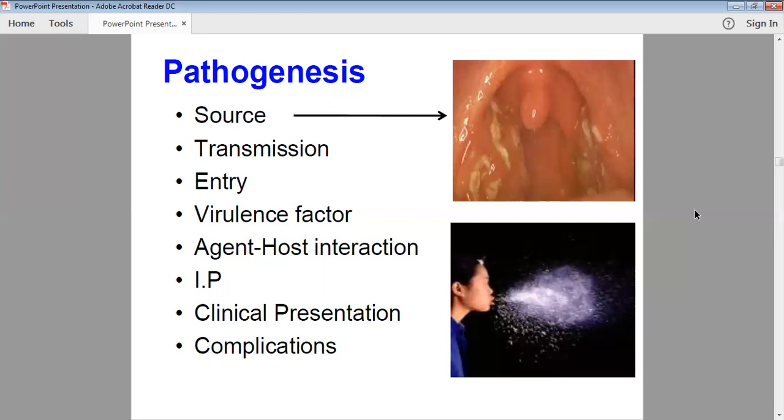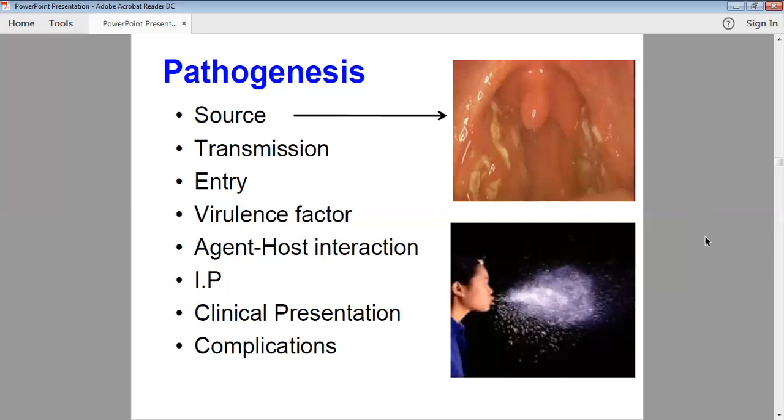When they cough or sneeze, the bacteria spread in the air, and through inhalation they enter into the body. That is the mode of transmission. There is also cutaneous diphtheria, so the skin is also a source of infection.